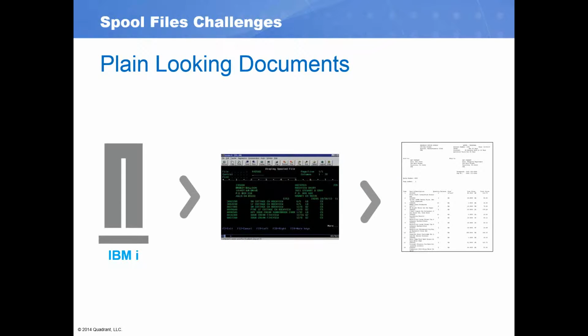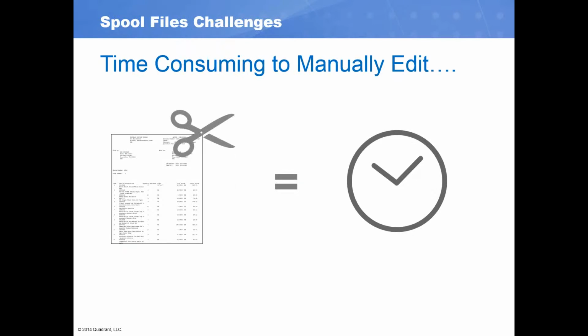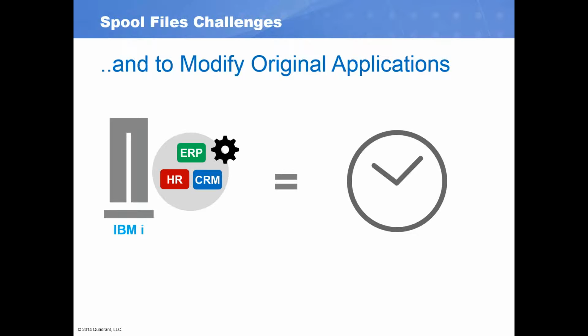Unfortunately, most IBMi documents are plain looking and don't have branding. You can't add logos, images, colors, or different fonts. One option is to manually copy-paste the data into a new document, but this is very time-consuming. And so is modifying the report or recoding the original application.